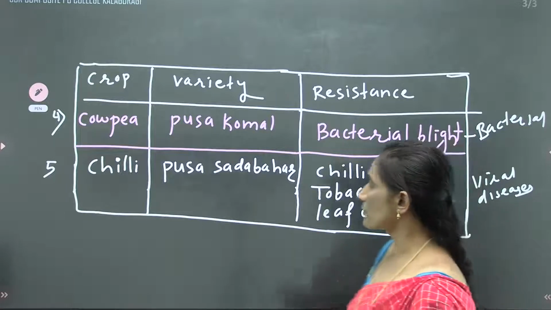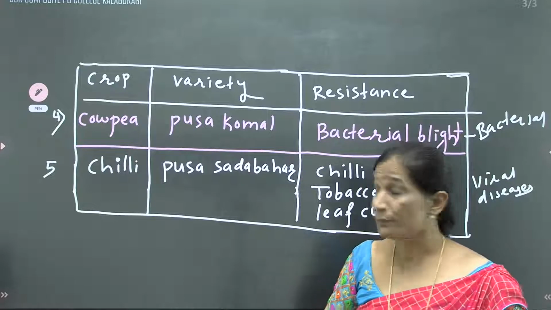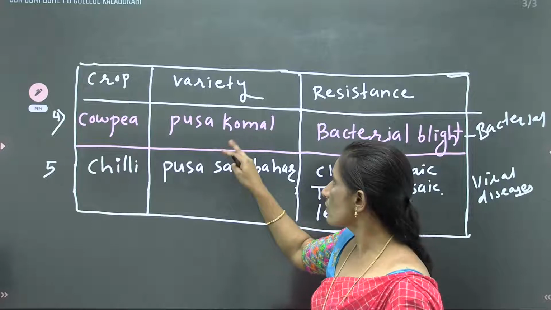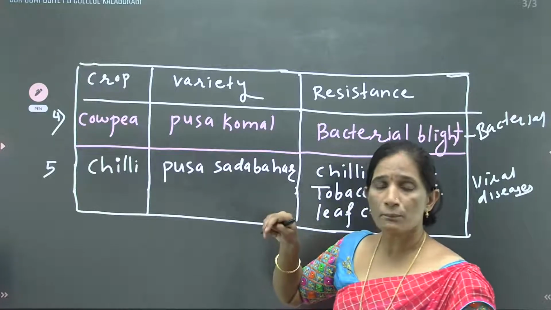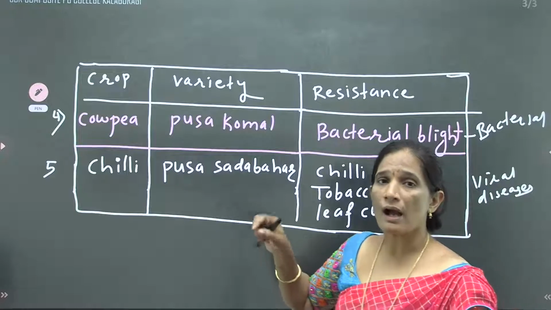Here you can observe that five examples are given as per your NCERT text. The varieties actually start with what? Pusa Komal, Pusa Sadabahar, Pusa Shubra, Pusa Swarnim. So why are they given?